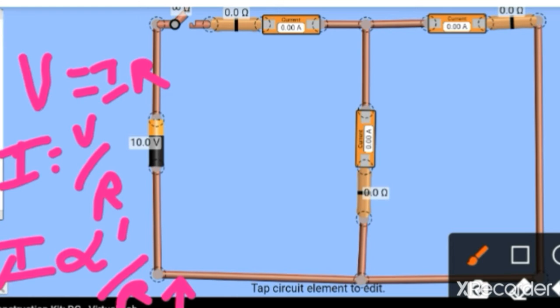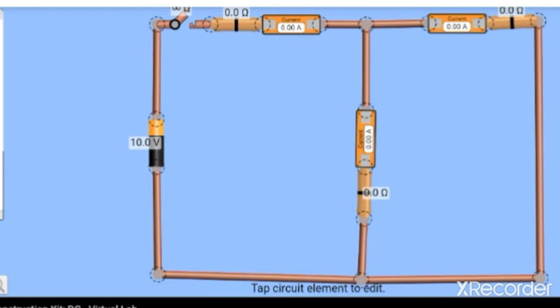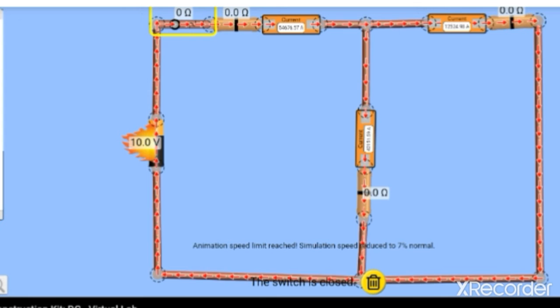So now I'm going to close the switch and see how the current is flowing through the circuit, and if I'm going to increase the resistance value, how the current value will be changed, right? So for that, just now I'm going to close the switch, and here see, when I'm closing the switch, at the time the current flowing through the circuit will be indicated by the ammeters.